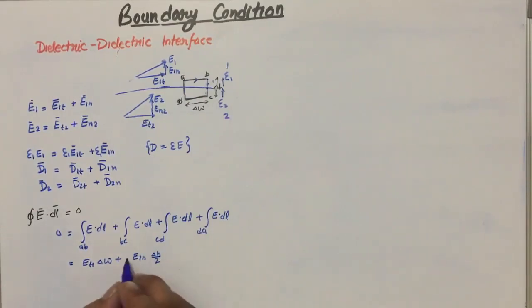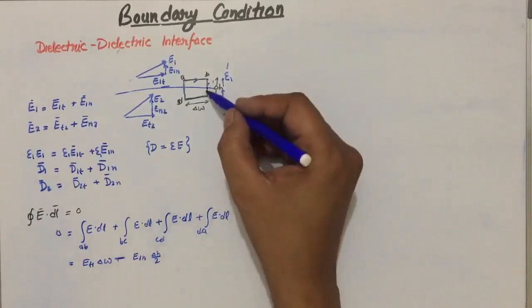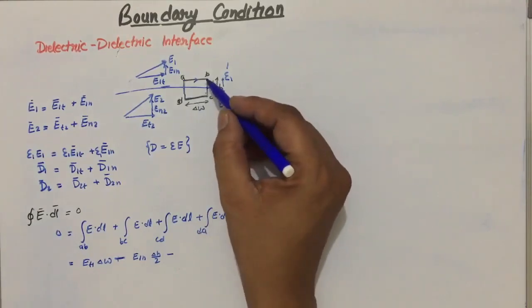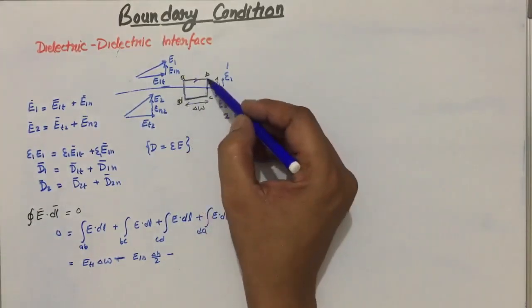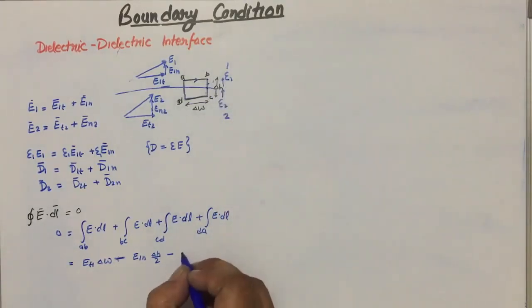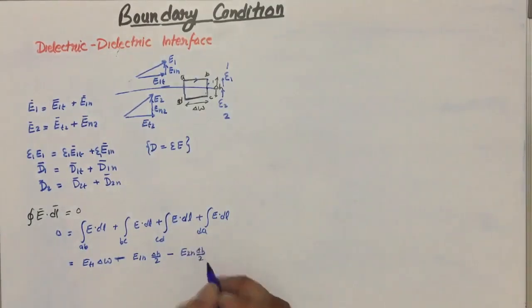However, the dot product will give you a minus sign. Okay, hopefully it is clear. Now proceed in this direction as well. Same will be followed. However, in place of E1n, you are taking E2n now, because you are in the second medium now. Then you will write E2n delta H by 2. Okay.